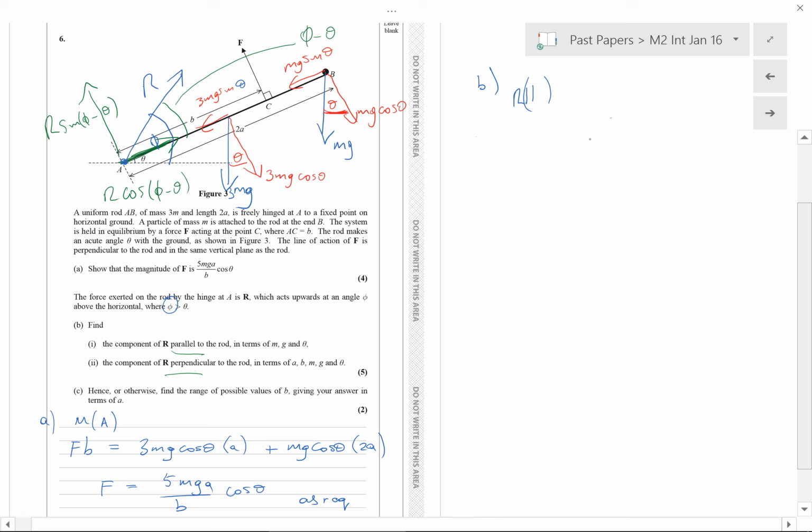So R cos (phi minus theta) is equal to 3mg sine theta plus mg sine theta, which is 4mg sine theta. That's the parallel component. Let's mark it on nicer than that. This is actually the parallel component here.